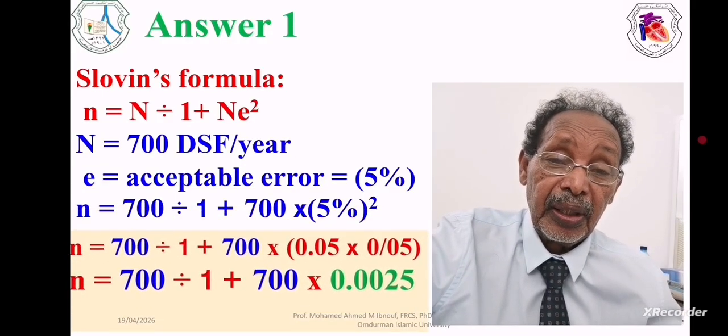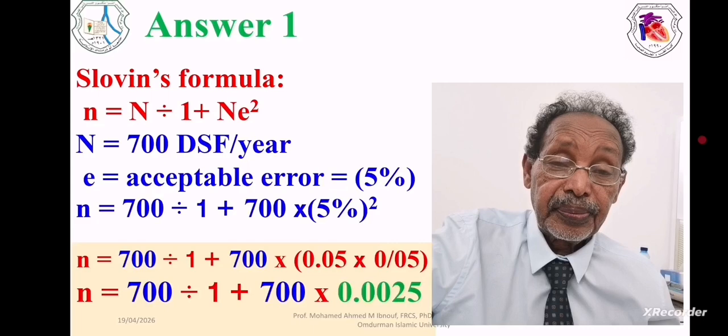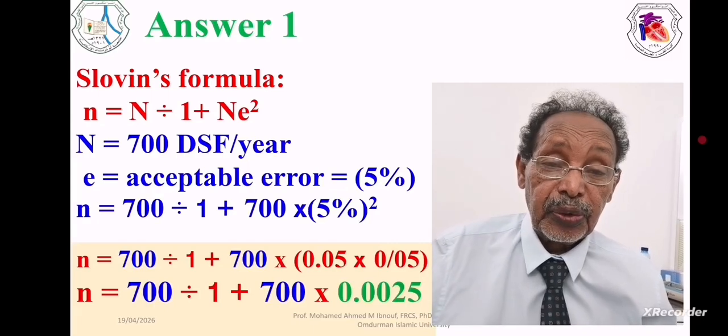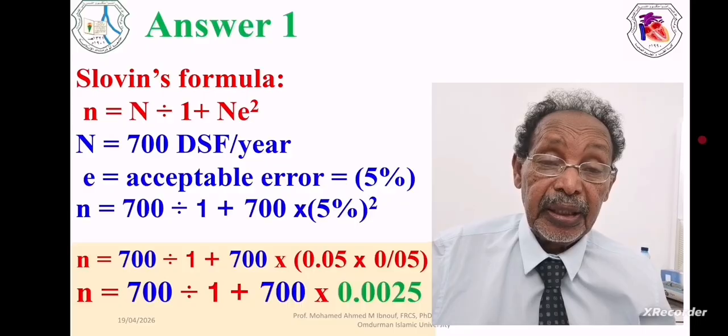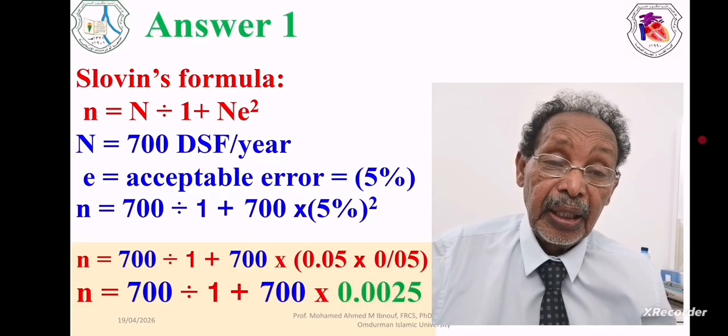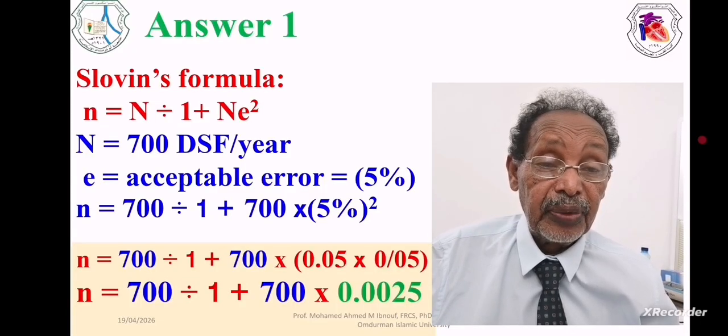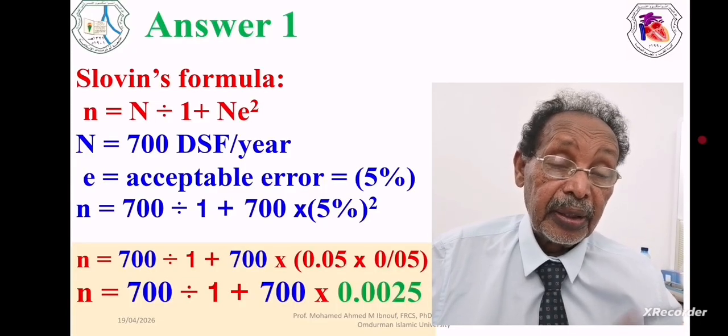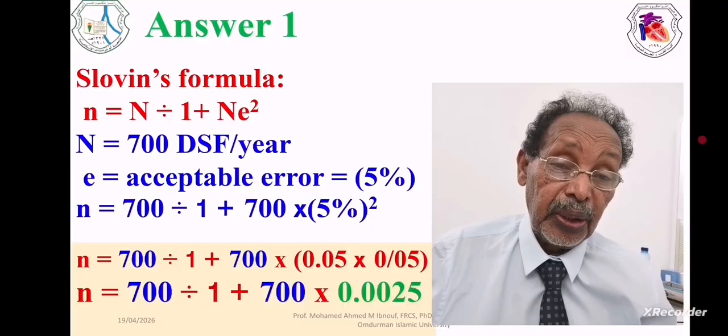We move on. So if we continue the formula, the sample size will be equal to 700 divided by 1 plus 700 multiplied by 0.05 multiplied by 0.05. That is 0.05 squared, that is 5% squared.